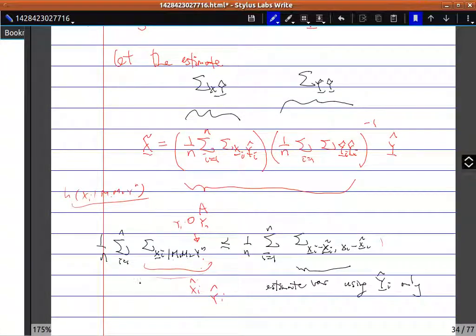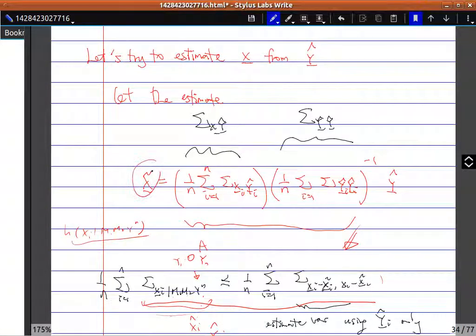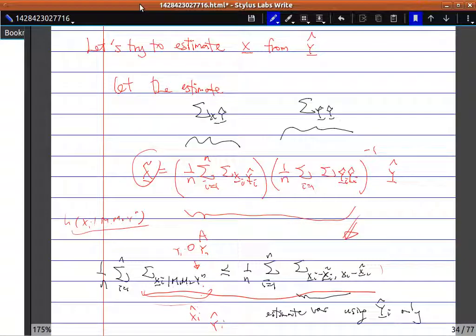So therefore we will have this equation here. Now the next thing we need to do is bound the covariance of the error of the estimate x tilde here.